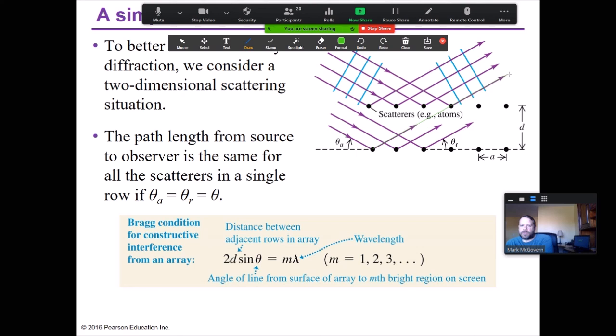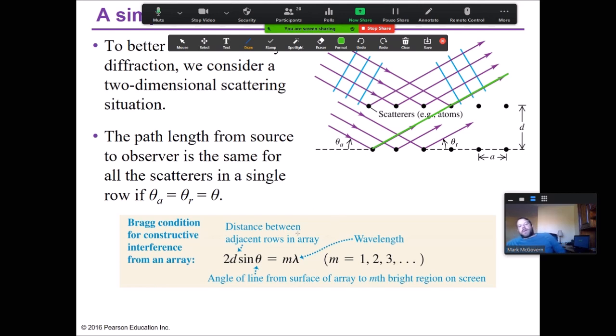For example, an X-ray can bounce off this atom here and be completely parallel with an X-ray that bounces off this atom up here. And there's a significant difference between the atoms that are here, right? So when that occurs, there is a significant path length difference.